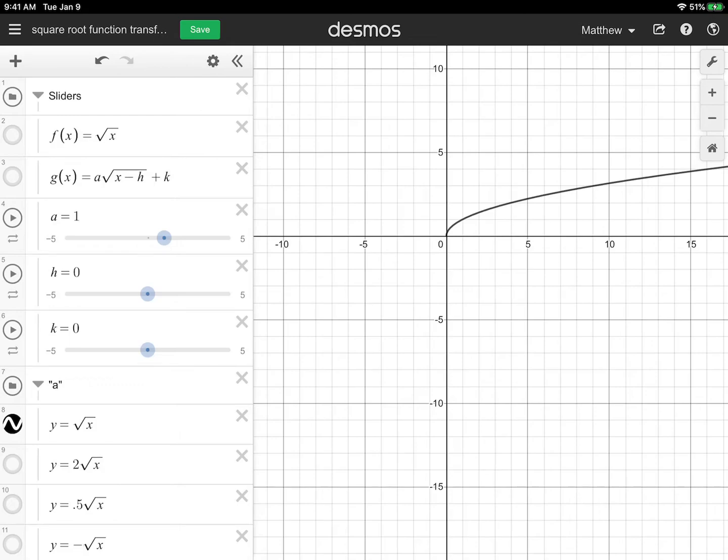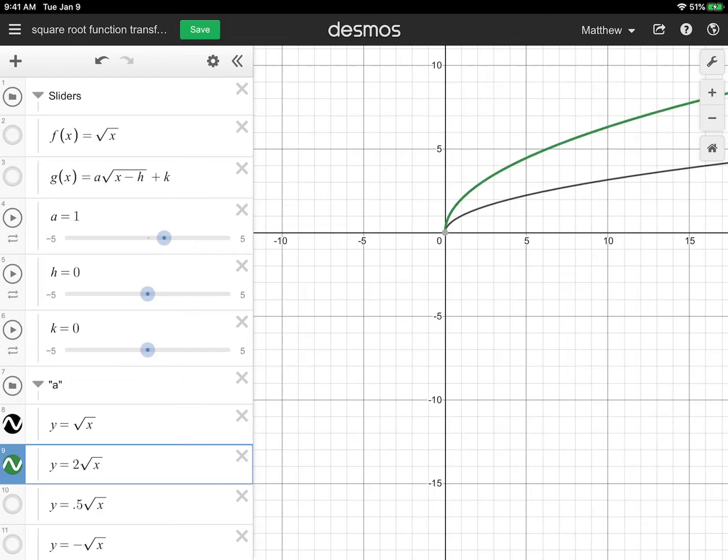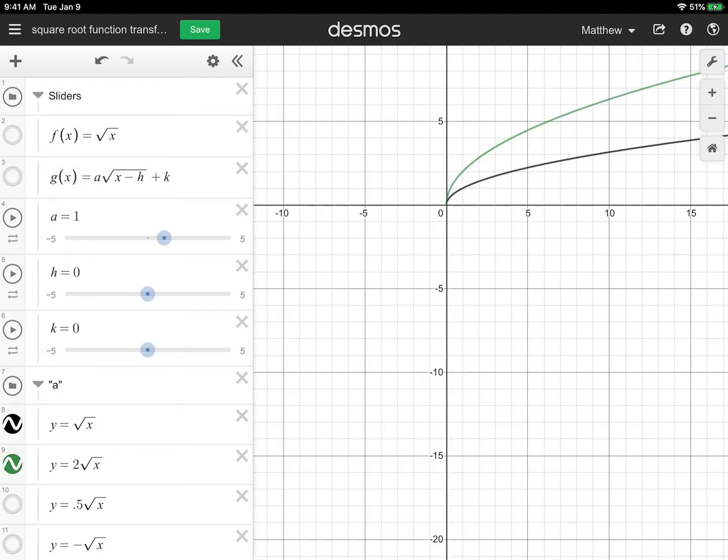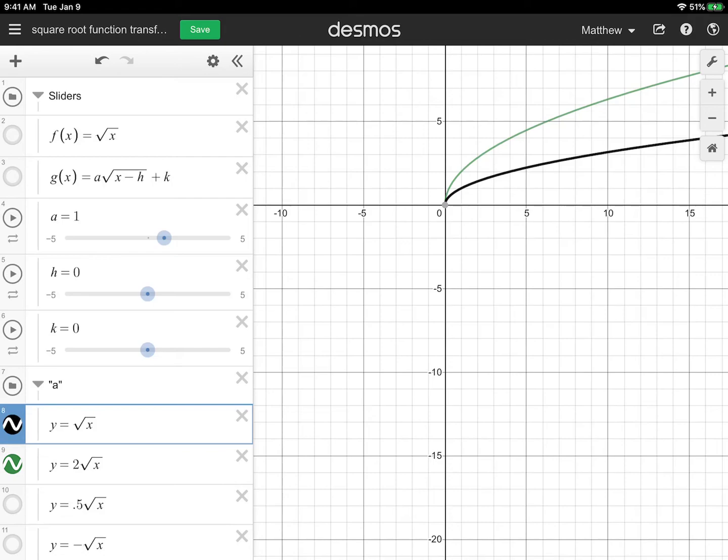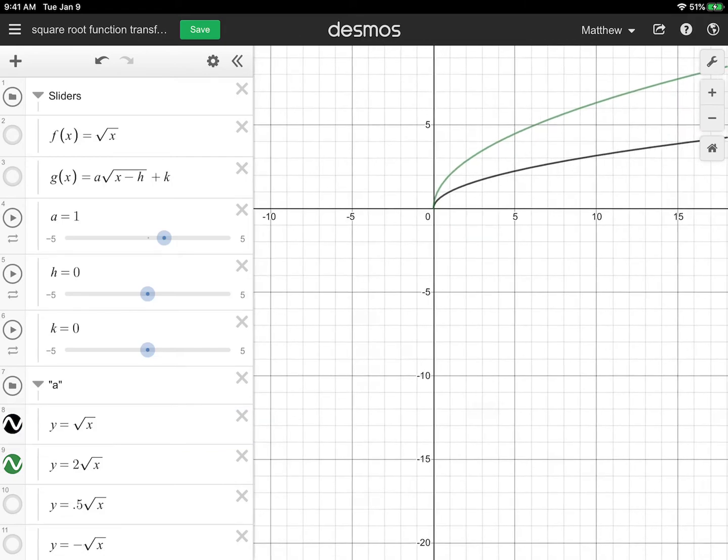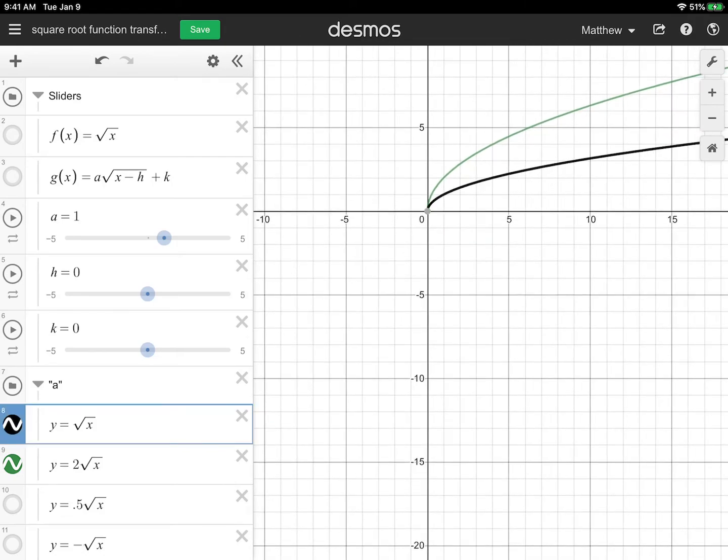So what I can imagine is I'm going to take all of my y values and they're just going to be multiplied by 2 essentially. If I look at this graph and I hold it to this point, my initial point was 1, 1. You guys can see that it was 1, 1.